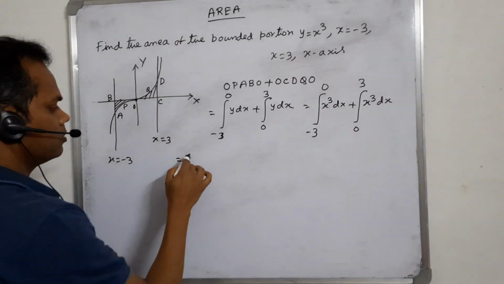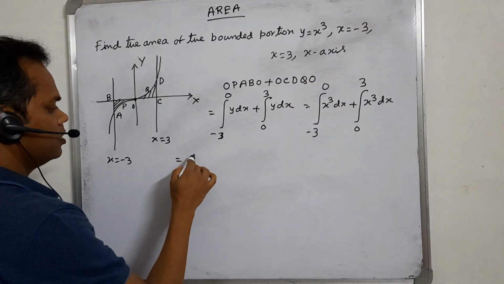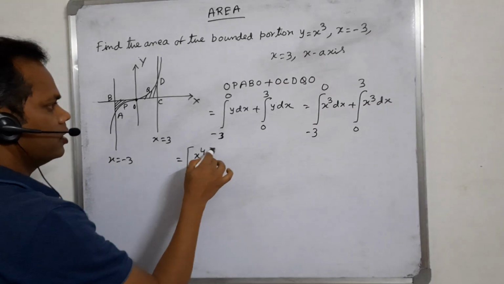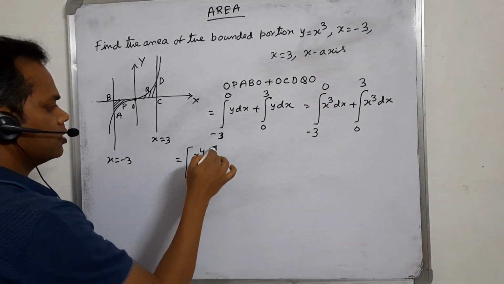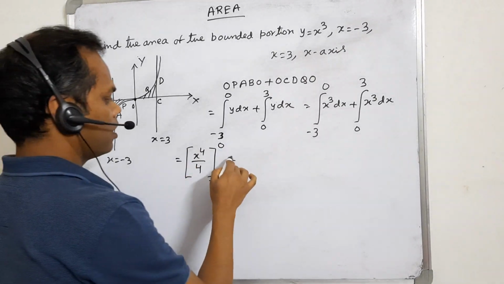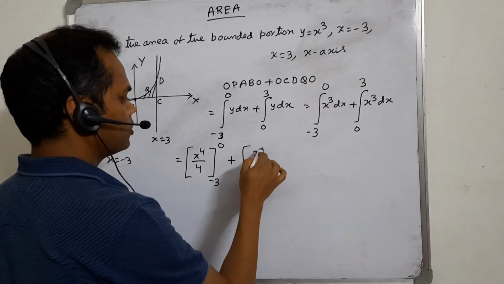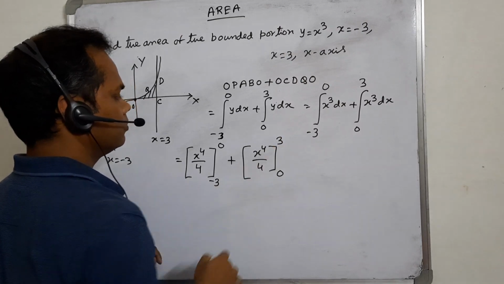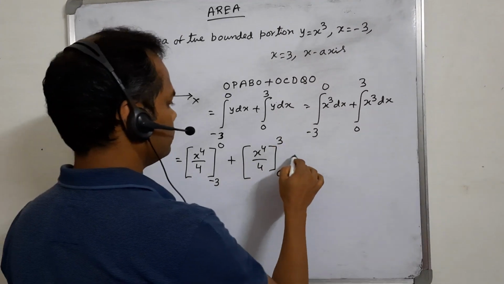And the area of this one is x to the power 4 by 4 in the interval minus 3 to 0, and this one is x to the power 4 by 4 in the interval 0 to 3.